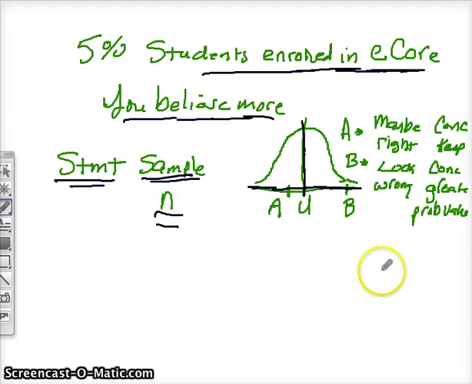Now, let's just say this represents 5%. And you end up with the value in your sample that shows you it's like 4%. Well, now you're going to go through a lot of trouble with this test. Are you going to conclude that yes, it's greater? Well, obviously you're not.